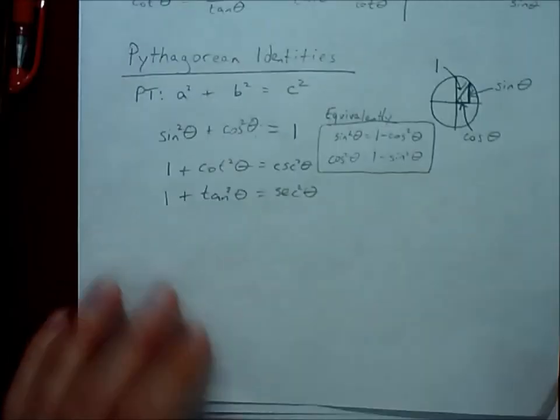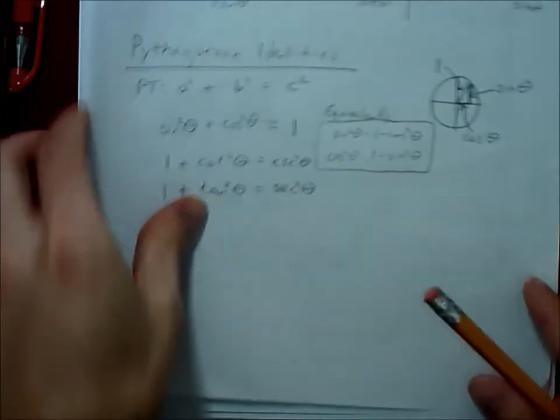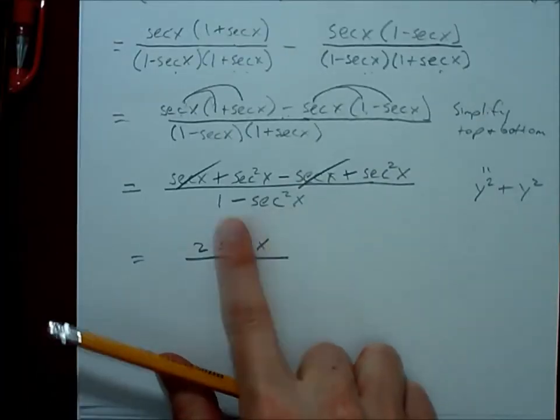Okay. So let's look for an identity that might help us out here. These are the Pythagorean identities. So which one's got a secant squared in it? The tan squared. Yes, it is. This one does. And what did we have on the bottom of the fraction? 1 minus secant squared.